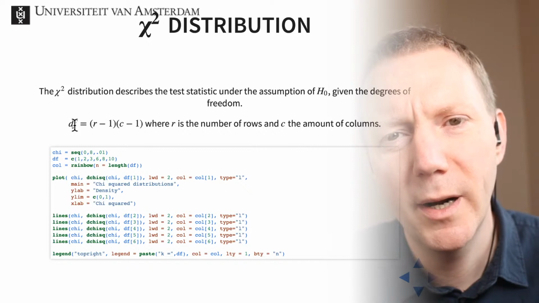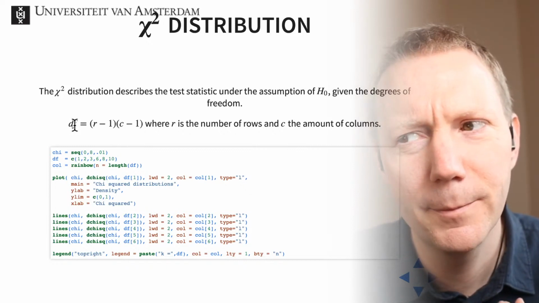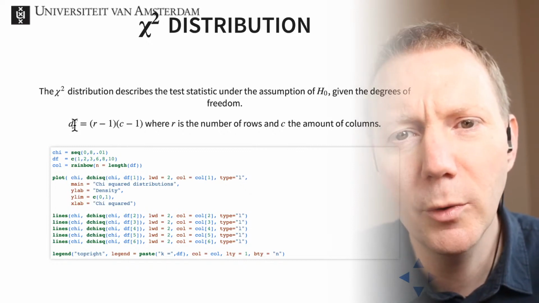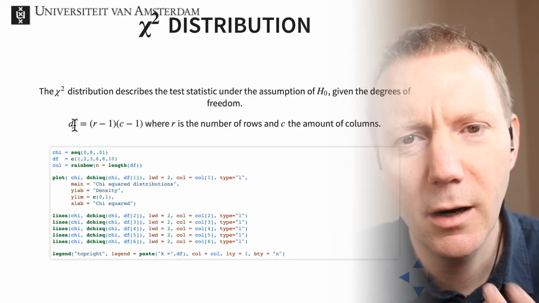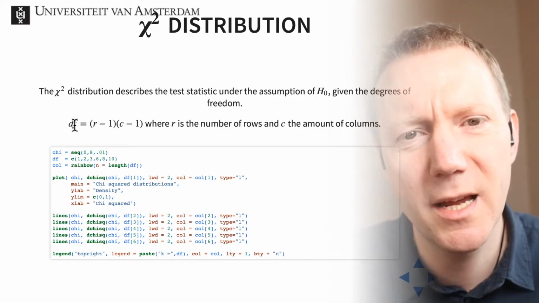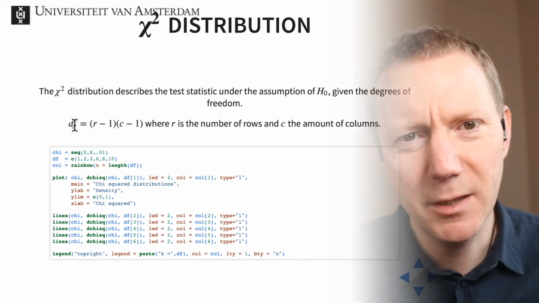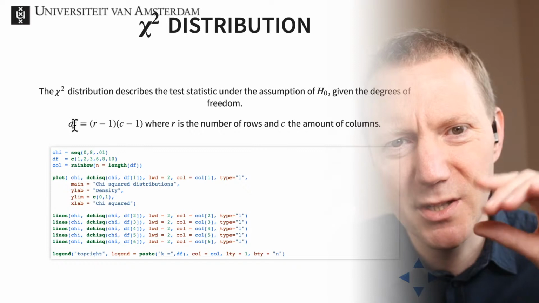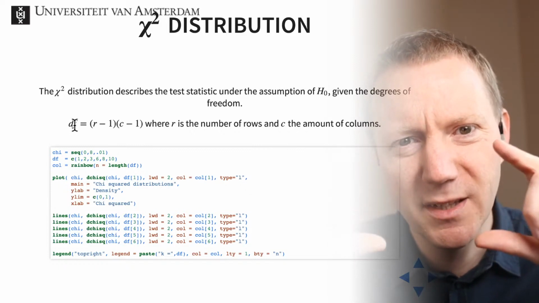With the normal distribution, there aren't any degrees of freedom, so the shape is always the same. We've seen with the t-test that we have a degree of freedom which determines the thickness of the tails.